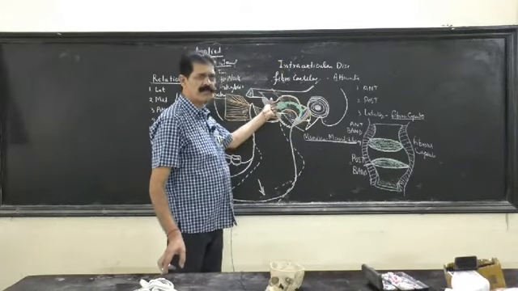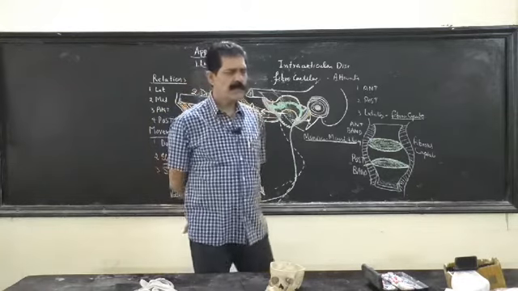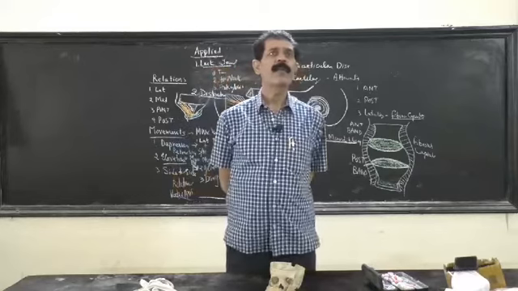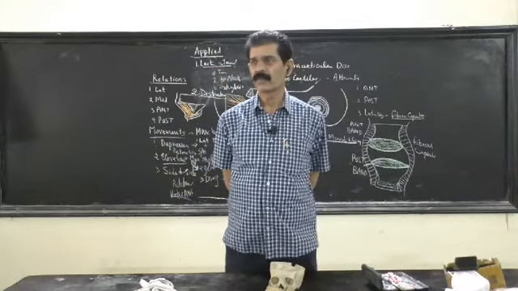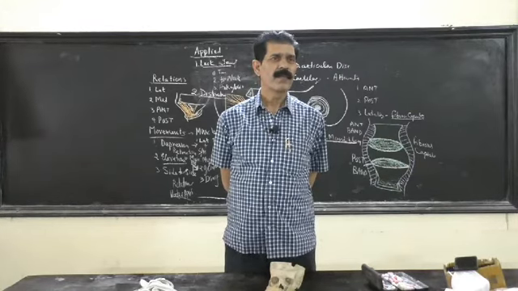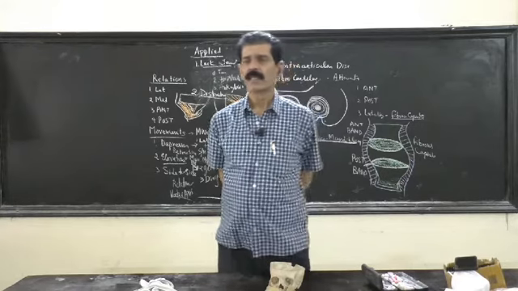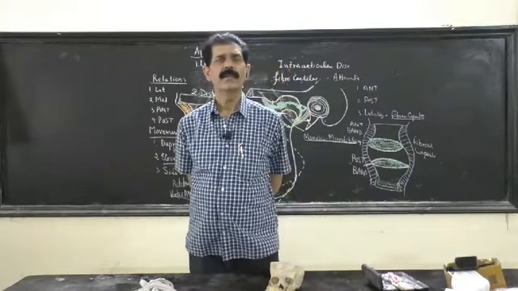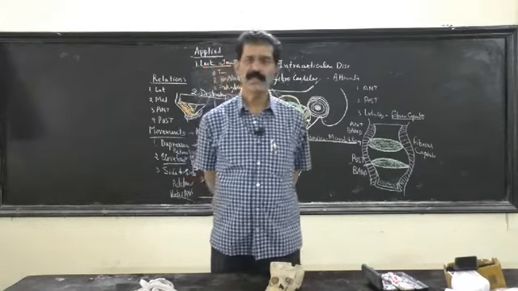It is arrested here, along with the disc in between. So this leads to permanent opening of the mouth. The patient can't close the mouth. All the muscles are okay, but the lateral pterygoid spasm is so strong that there is no ability to elevate the mandible. The mandible remains depressed.